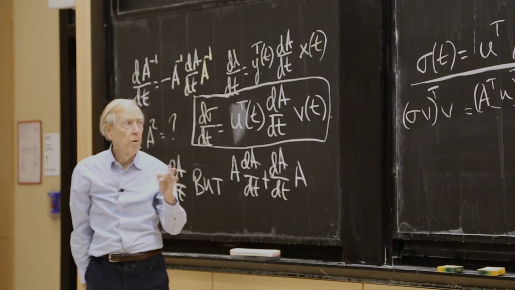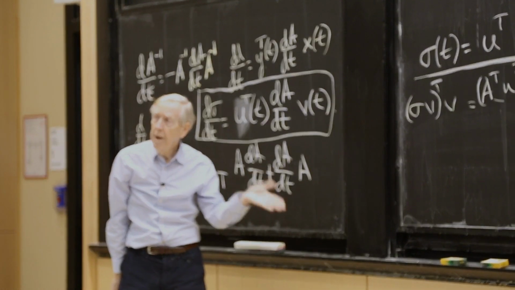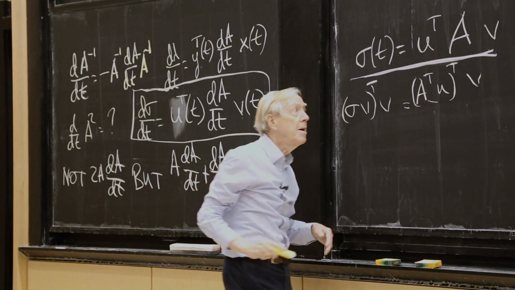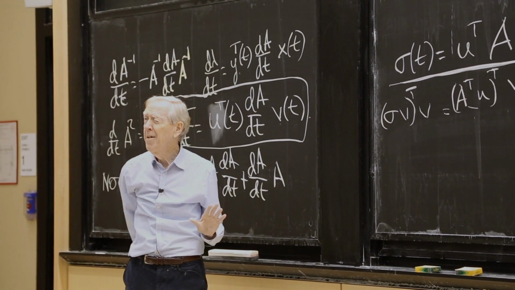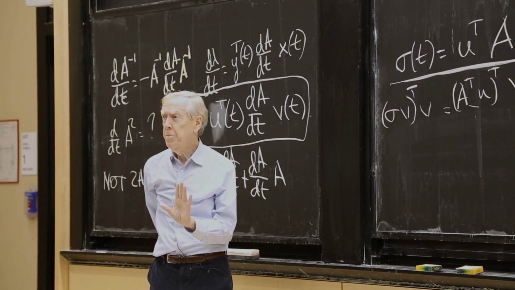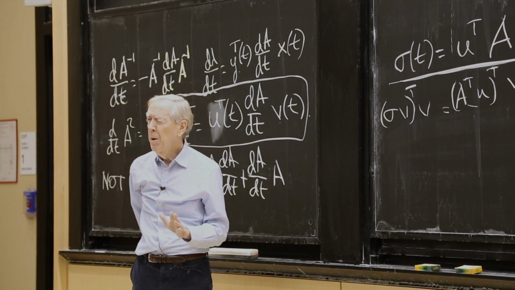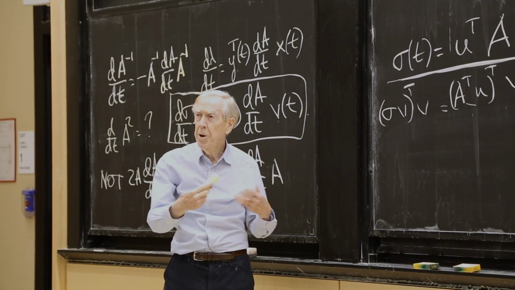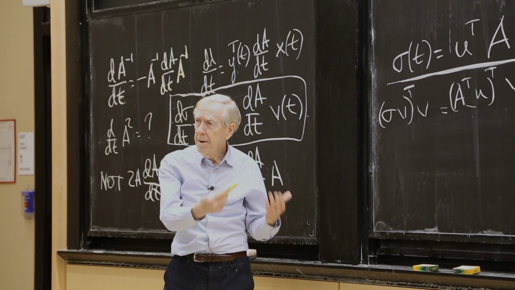Completely parallel to the formula that we started out with for lambda. The eigenvalue was y transpose AX, and now we've got u transpose AV. And by the way, when would those two formulas be one and the same? When does the SVD just tell us nothing new beyond the eigenvalue stuff?